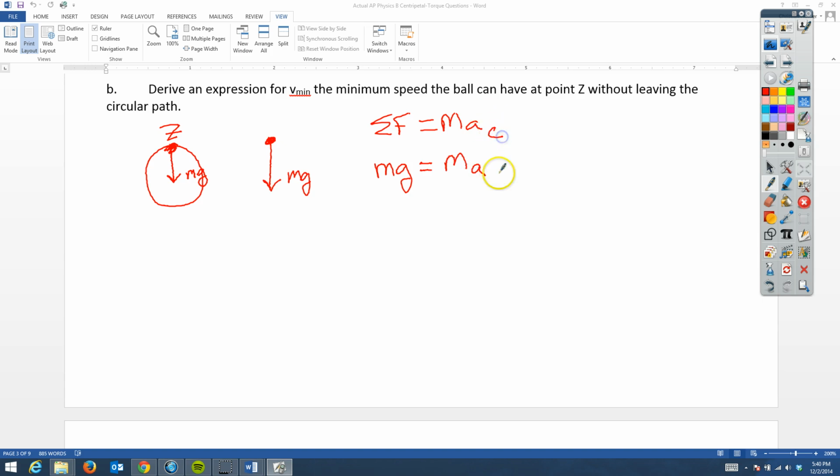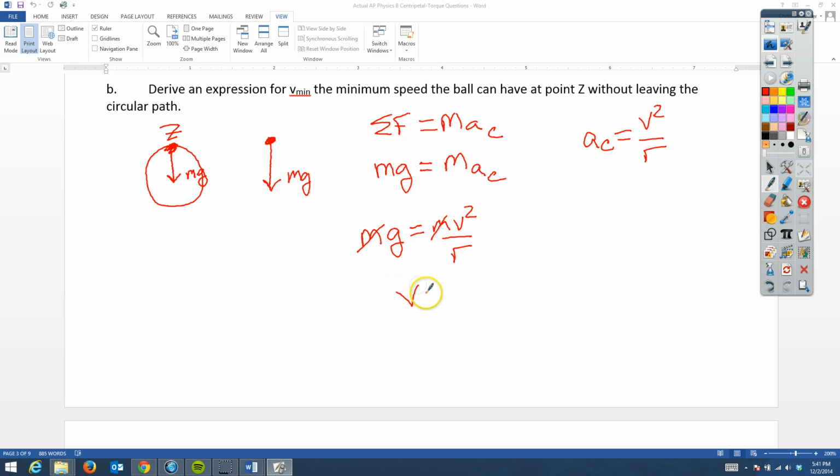And this a, remember, is the acceleration due to the centripetal force. And so a_c is equal to v squared over r. Now we need to substitute in what we have for v squared over r. So we're going to say mg is equal to mv squared over r. You'll notice that both of the masses actually cancel out here.